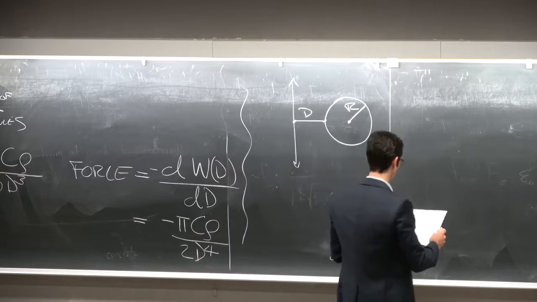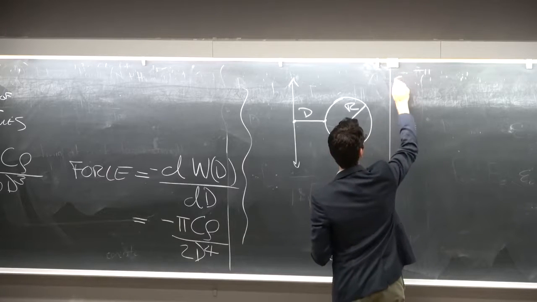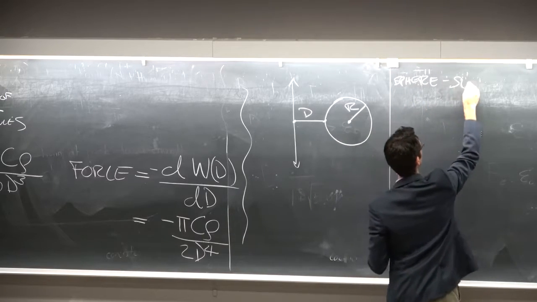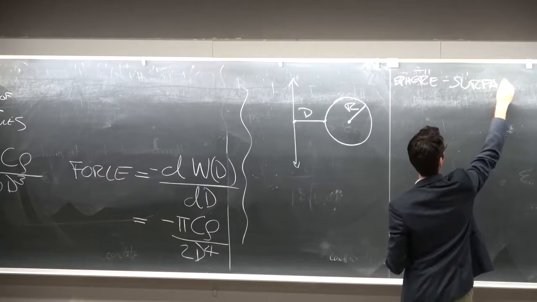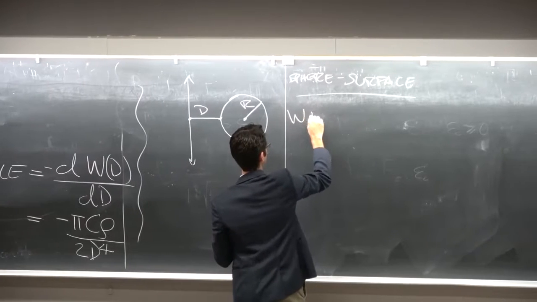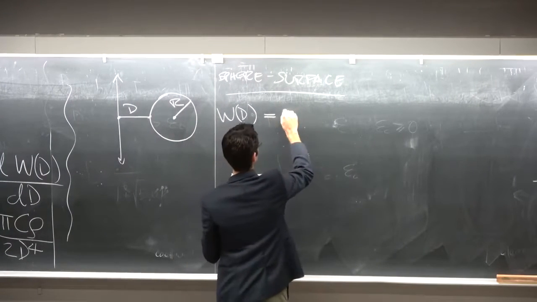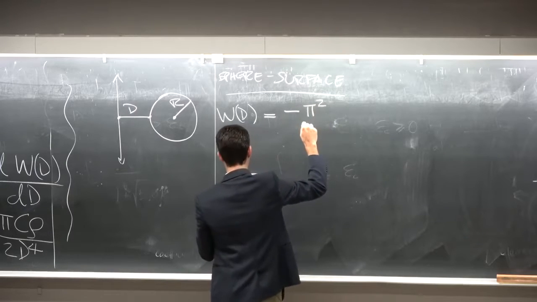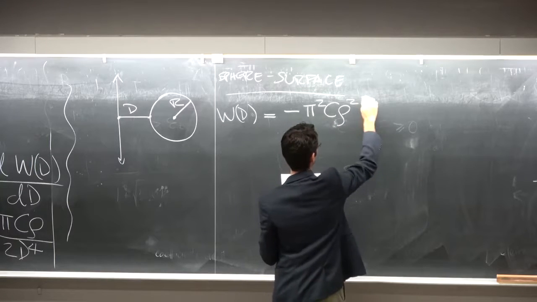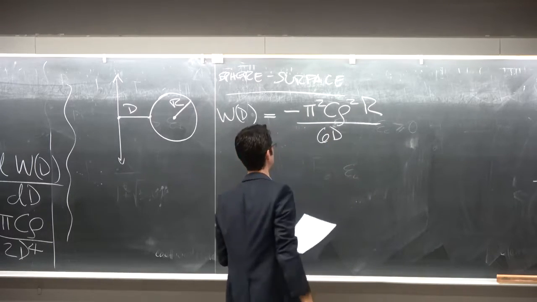So we won't do the math here, don't worry about it, but for a sphere surface interaction, we have W(D) equals minus pi squared C rho squared R over 6D.